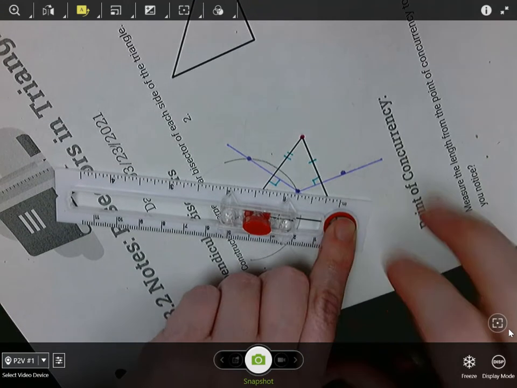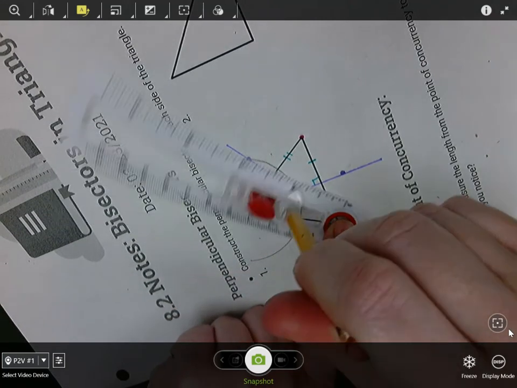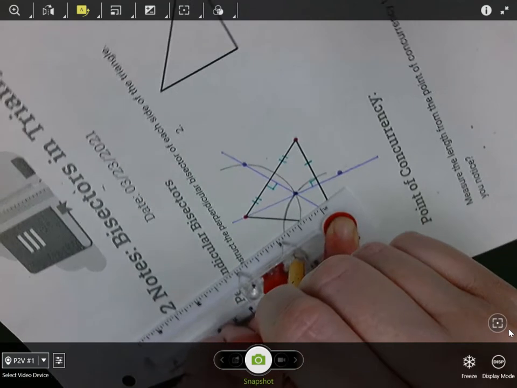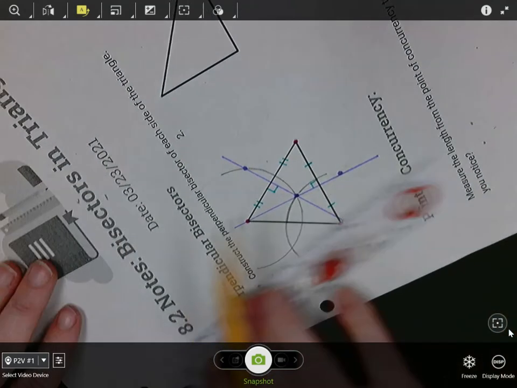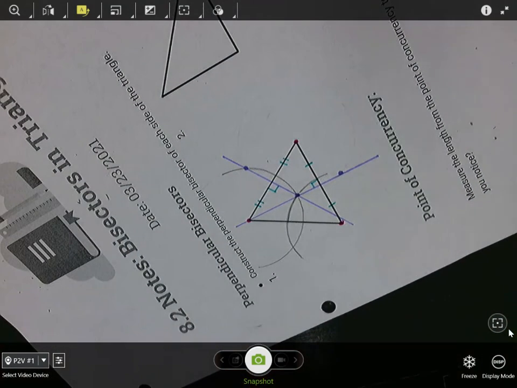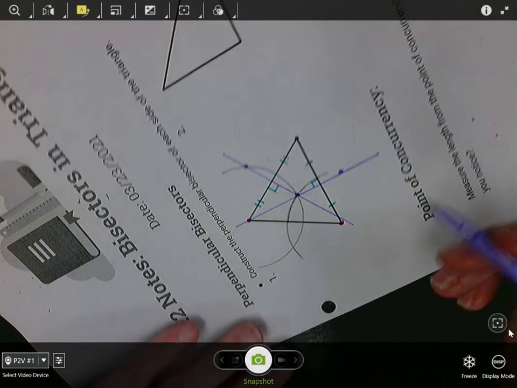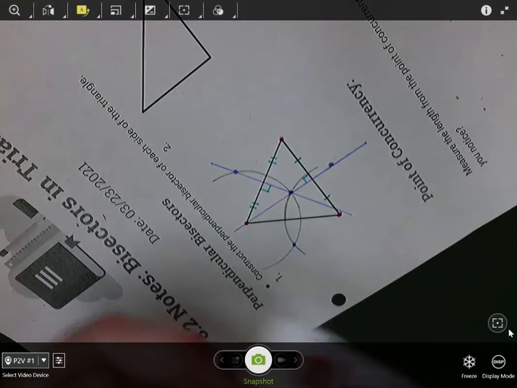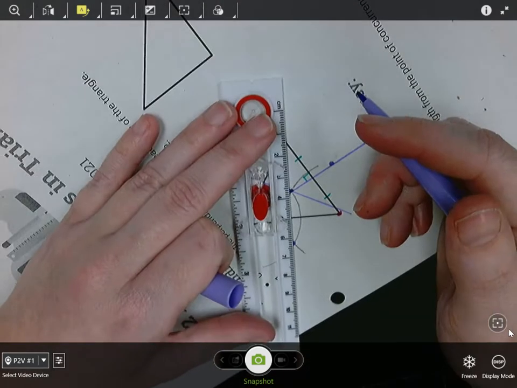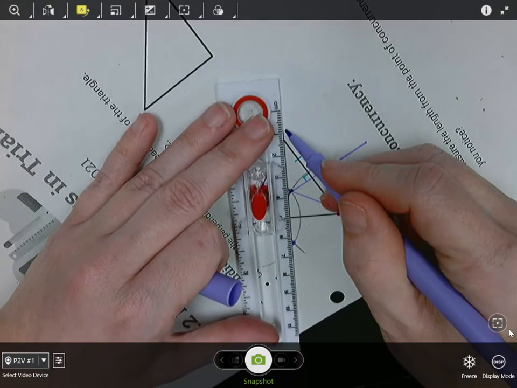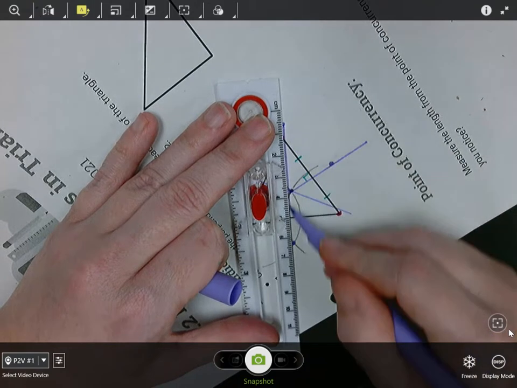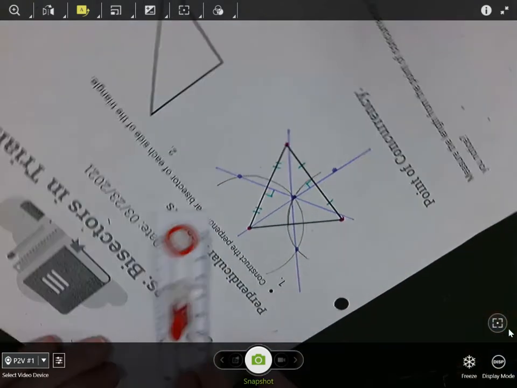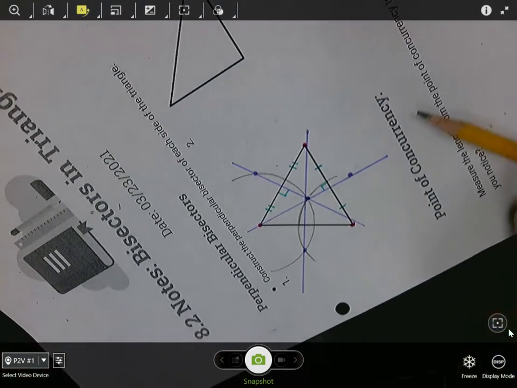Put your finger down, put your pencil in the hole and draw your other arc. And then plot your 2 points, this point and this point. And then draw a line through those 2 points. And then you can erase your arcs.